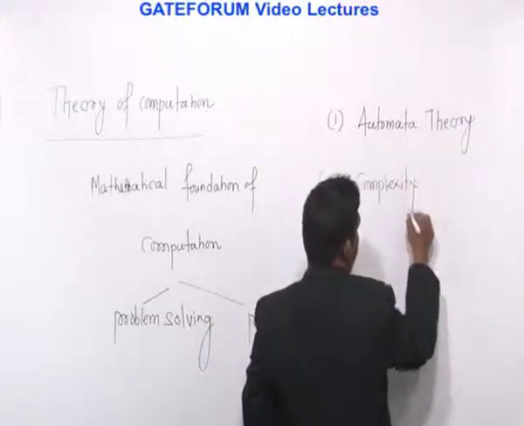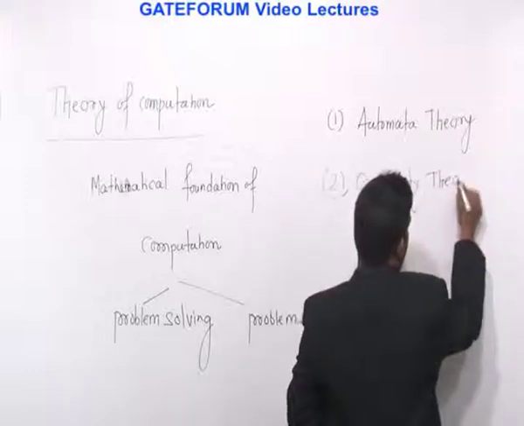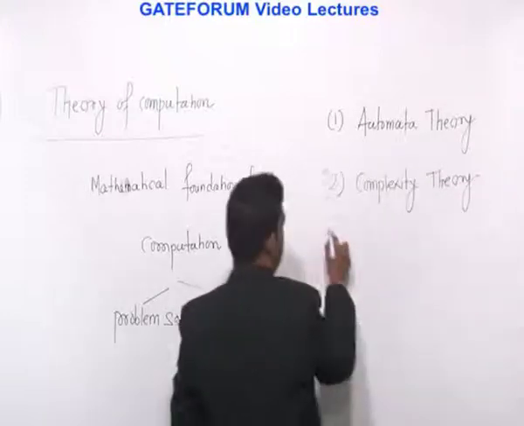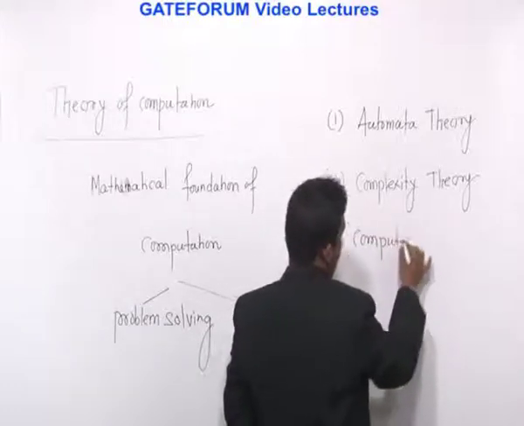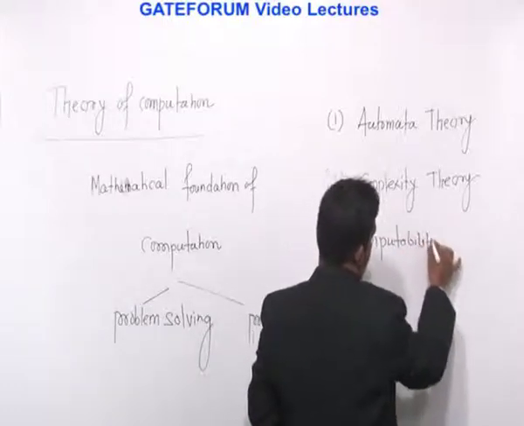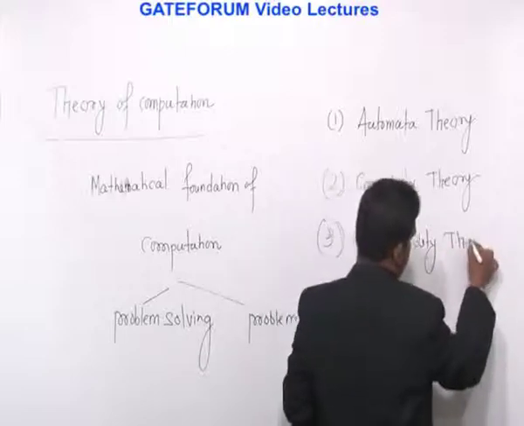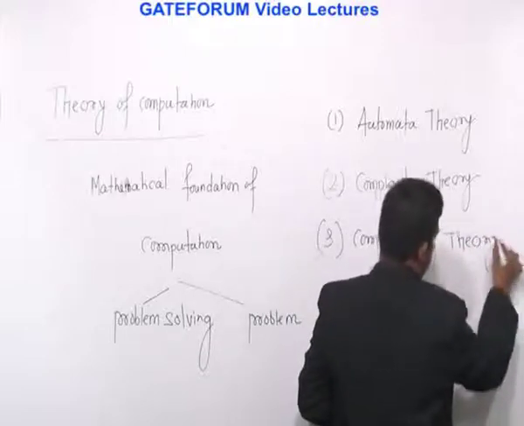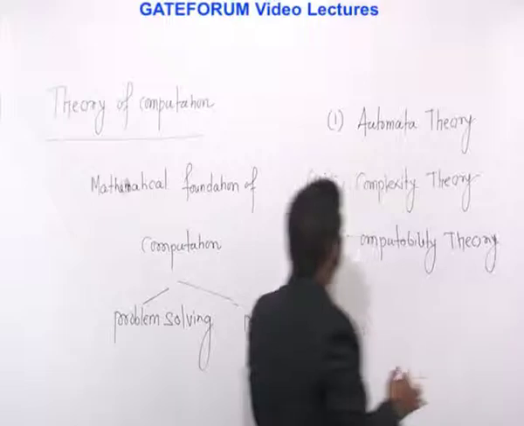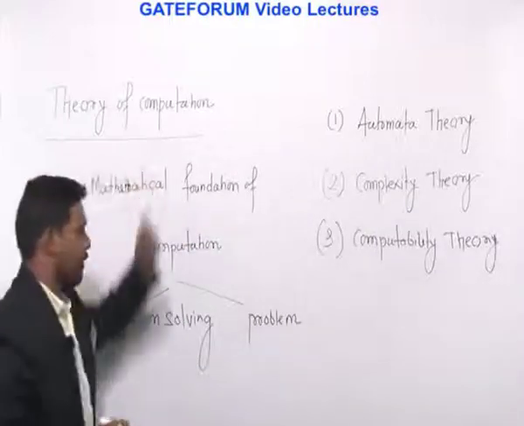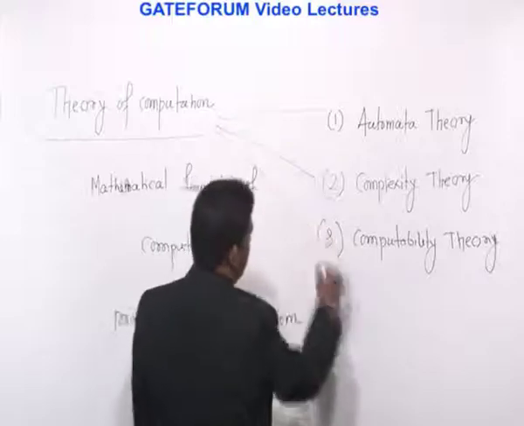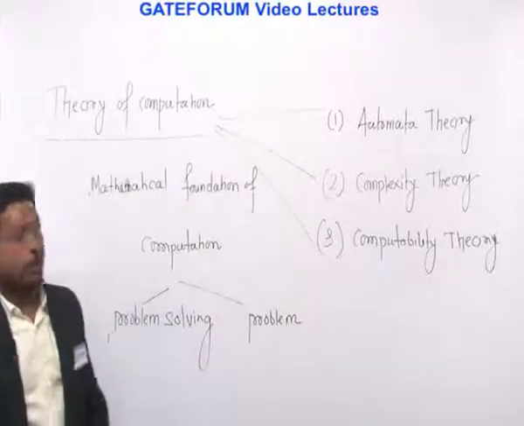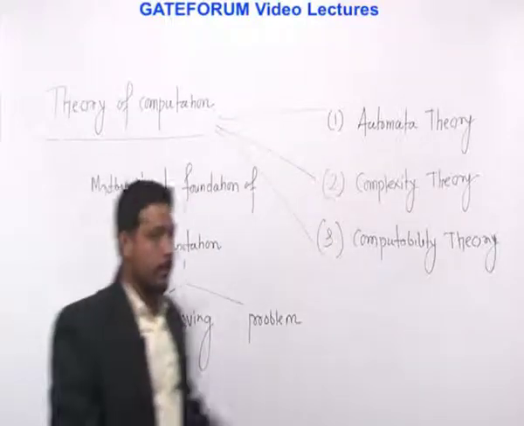And the third part is called Computability Theory. So these are the 3 different branches of theory of computation: automata theory, complexity theory, and computability theory.